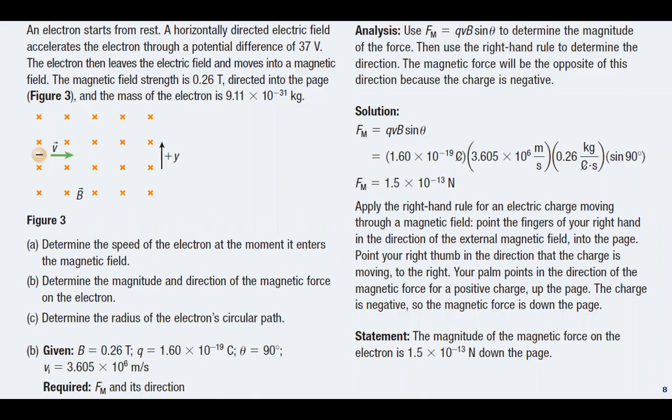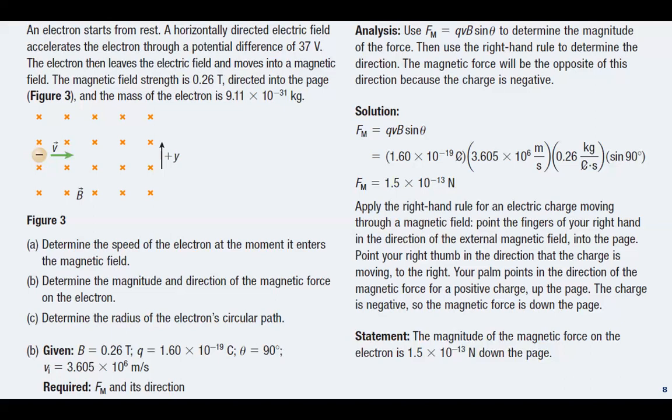Point the fingers of the right hand in the direction of the magnetic field, into the page, and then point the right thumb in the direction that the charge is moving, to the right. Then the palm points in the direction of the magnetic force for a positive charge, up the page, right? Because the charge is negative, the magnetic force is down the page.